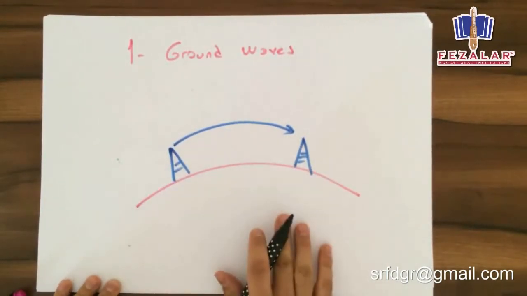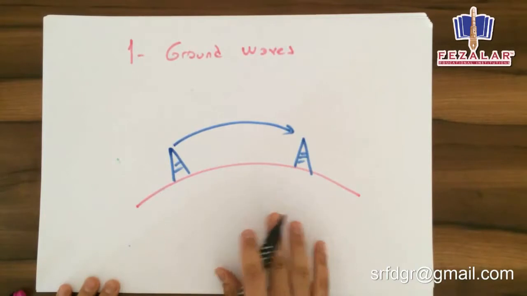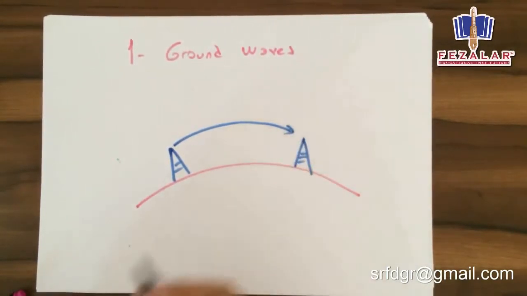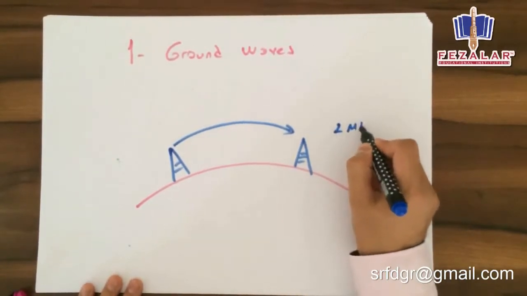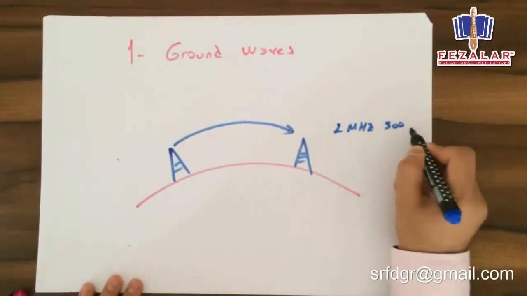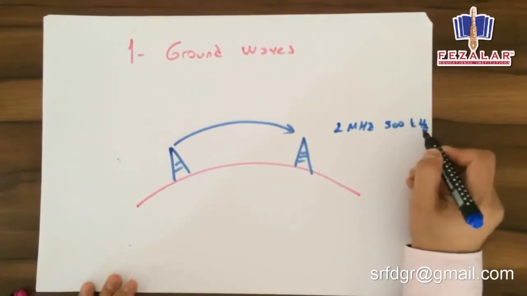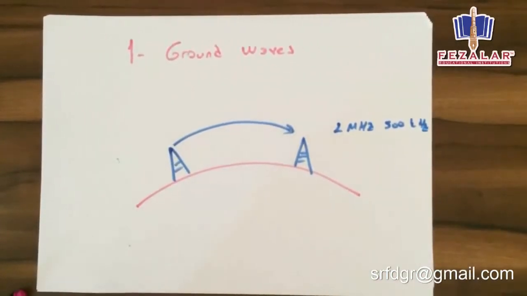These waves are called ground waves, and they cannot travel very long distances. They are limited, and they range between 2 megahertz and approximately 500 kilohertz.